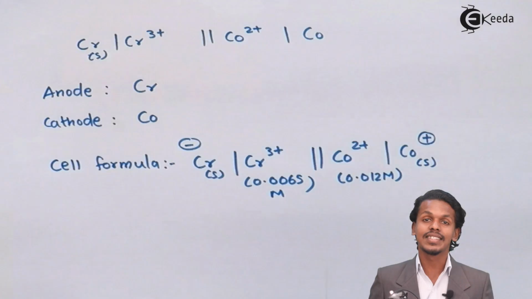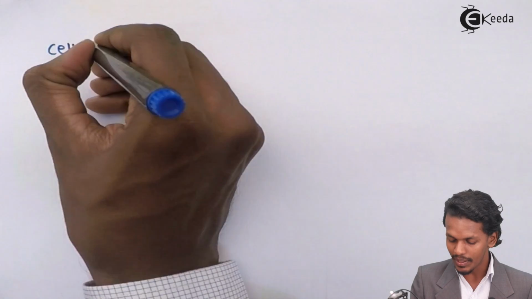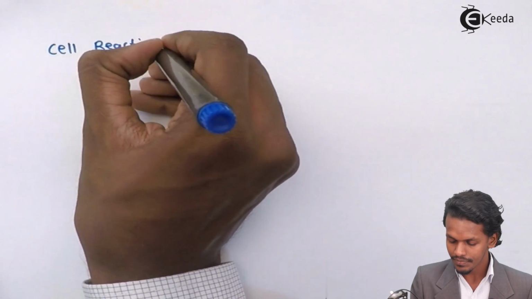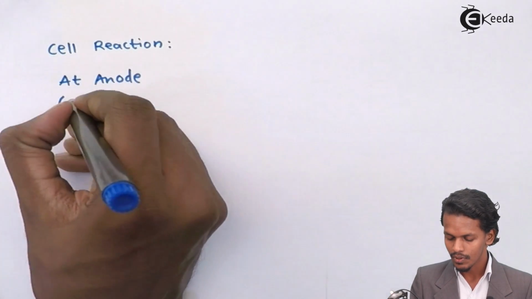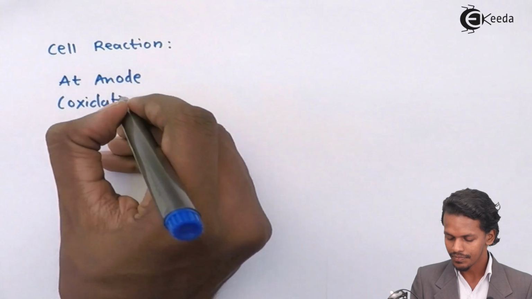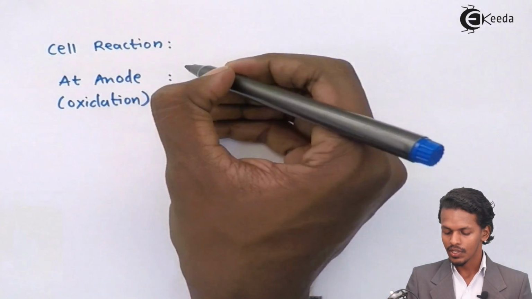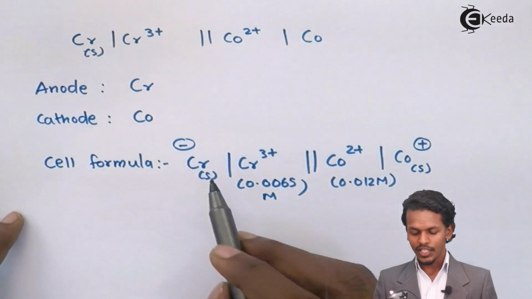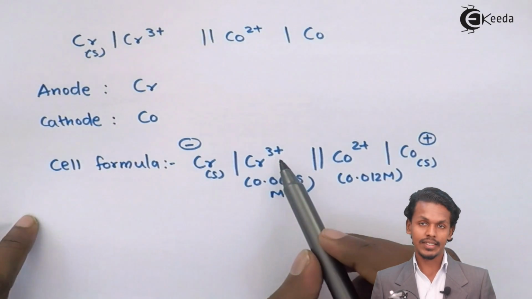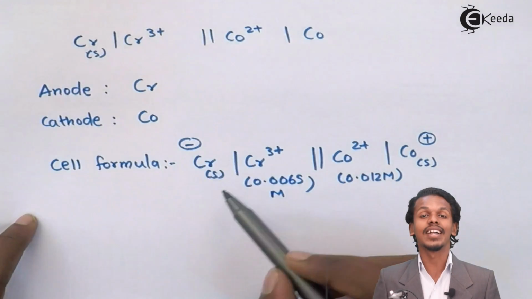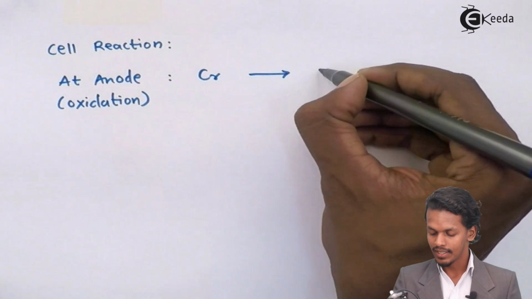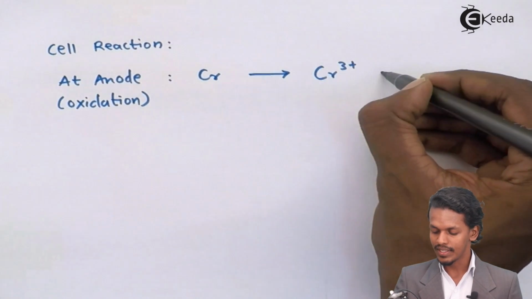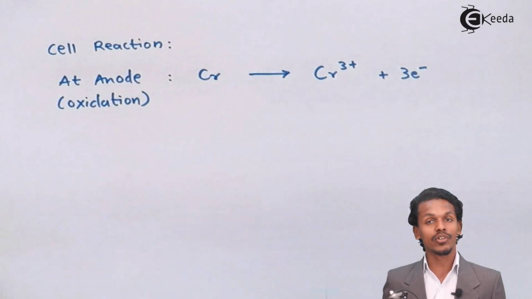So let us write the cell reaction of it. The cell reaction can be represented as follows. At the anode, oxidation takes place. In this case the chromium which has been converted into Cr3 plus means this anode section is undergoing oxidation. So Cr, that is chromium, is converted into Cr3 plus by releasing 3 electrons.